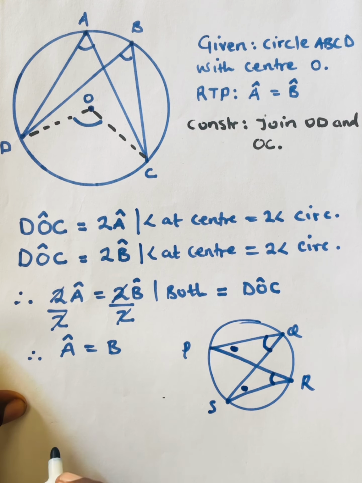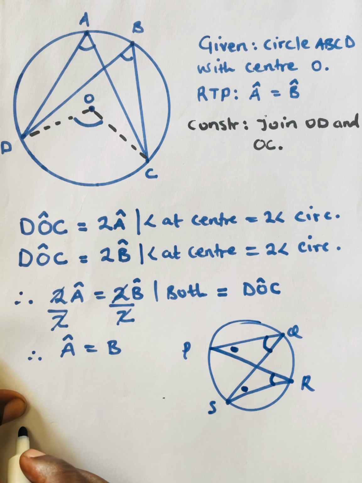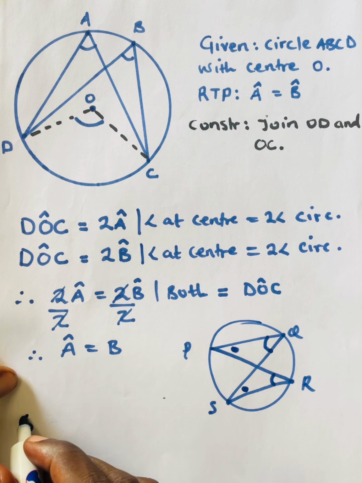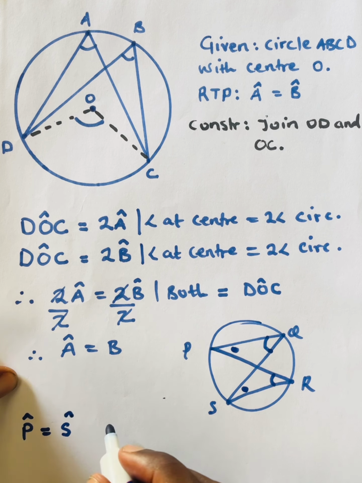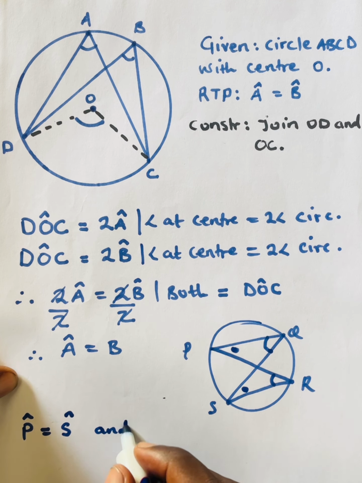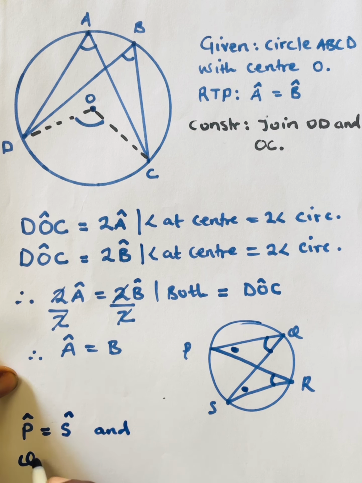We can write it down like this: angle P is equal to angle S, and angle Q is equal to angle R.